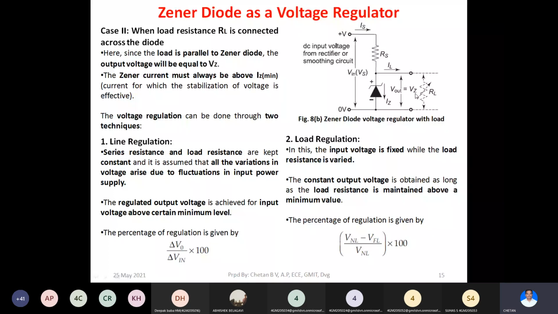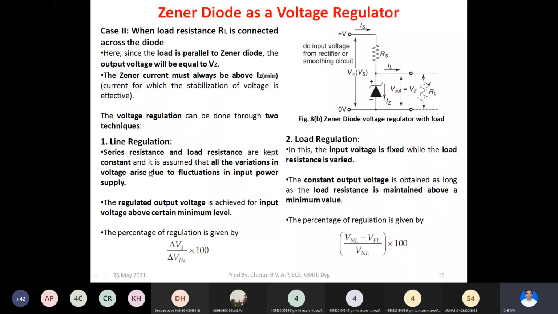So in spite of variation in Vin, that is Vin can increase or decrease, the value of Iz will be increased or decreased, and in turn a constant output voltage Vz will be maintained across this load resistance RL. That is what line regulation is.